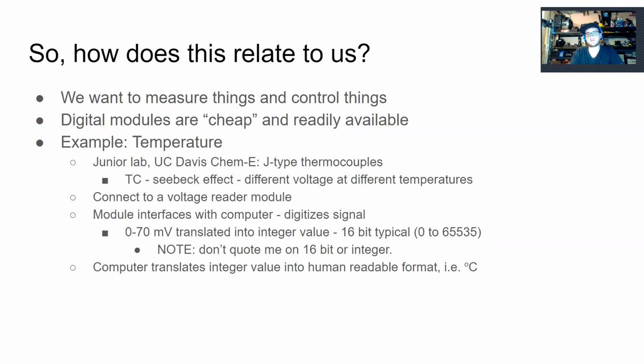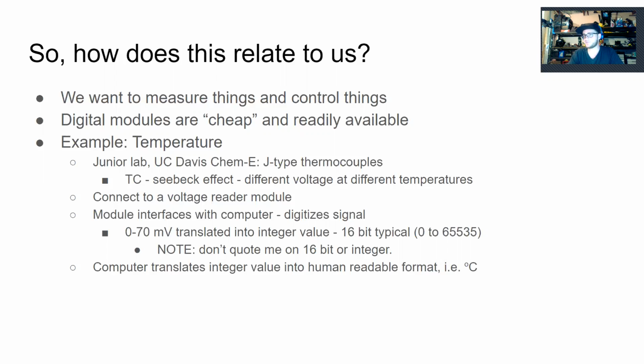And so you're taking that analog voltage value, right, which is really reflective of the analog temperature value in the real world, and you're digitizing it into an integer value that can be stored on a computer. So for a lot of instrumentation, the memory block for that is going to be like 16-bit, which gives you 0 to 65,000 discrete digital integers that you can have.